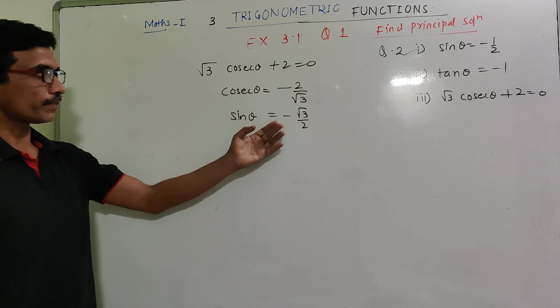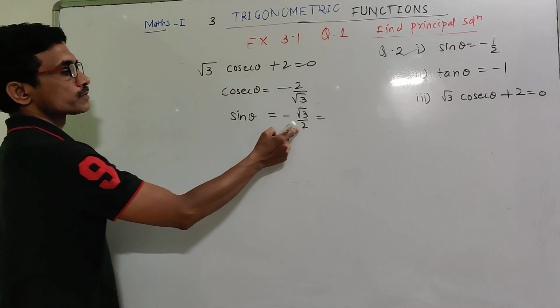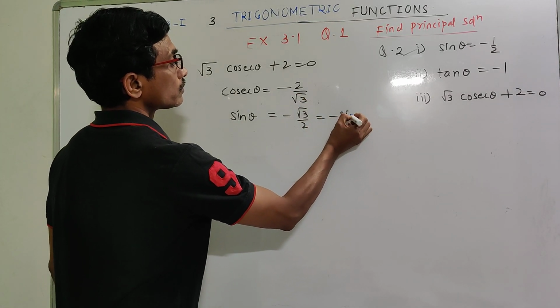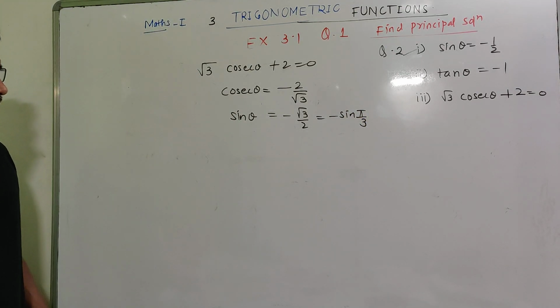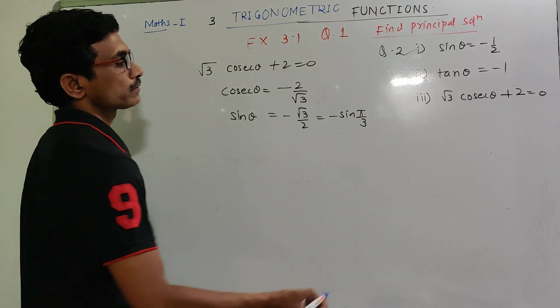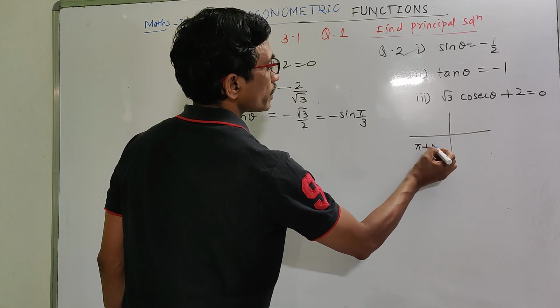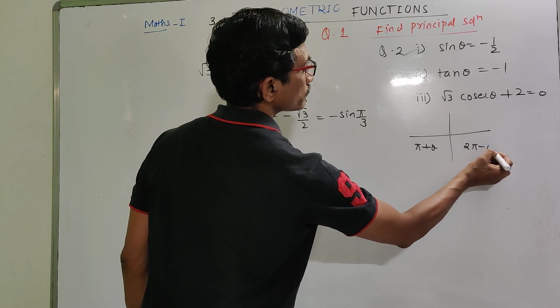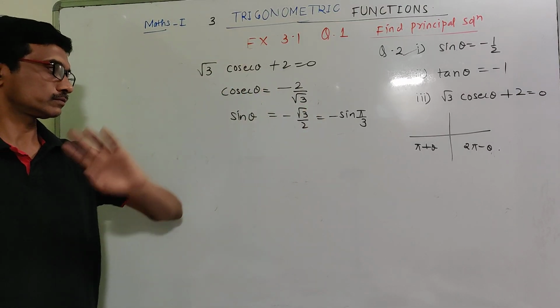We know sin of pi by 3 is root 3 by 2, sin of 60 degree is root 3 by 2, so we'll write it sin of pi by 3. But sin is negative in third and fourth quadrant. See, in third and fourth quadrant, that is pi plus theta and 2 pi minus theta. Third and fourth quadrant, sin is negative.